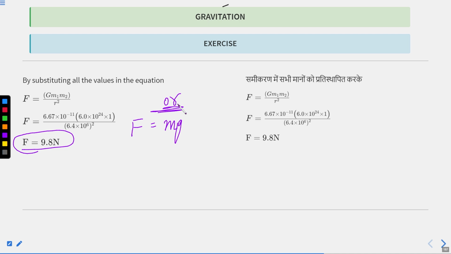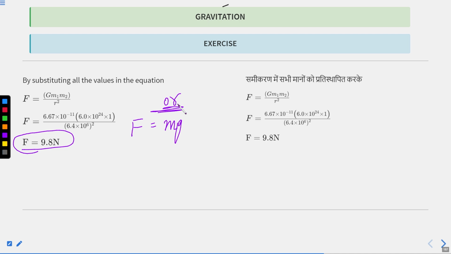So in today's class, we have completed our chapter gravitation, which is chapter number 9 of class 9th NCERT. We have studied what gravitational force is and what the universal law of gravitation is. We have learned about the applications of the universal law of gravitation. Then we learned what mass is, what weight is, and what the mass of any object on the moon will be.